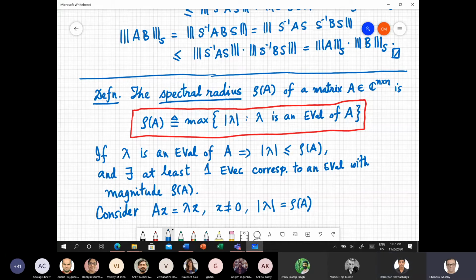In other words, you're looking at the ratio norm of Ax divided by norm of x, and you're saying the maximum value it can take is rho of A. That is correct, but it's important to keep in mind that this is measured in terms of the Euclidean norm. It's only when you measure it in the Euclidean norm that the largest possible value of norm of Ax divided by norm of x is going to be rho of A.